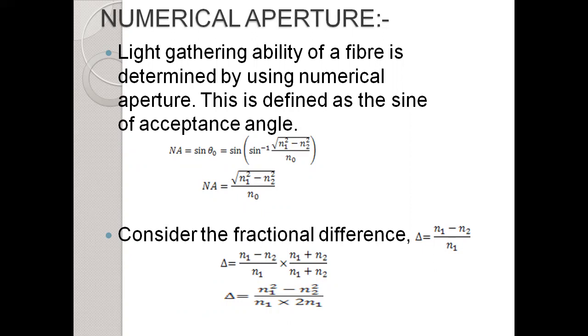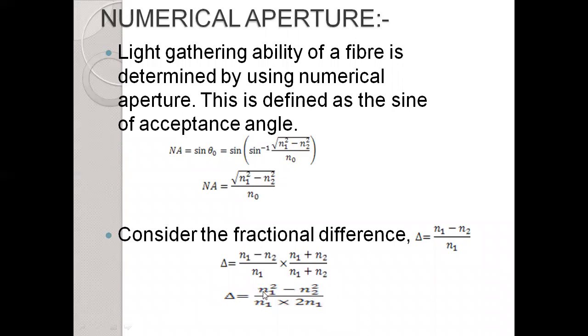Now, if you want to convert the same numerical aperture in terms of fractional difference, let us take delta, which is the fractional difference between the refractive index of core material and cladding material, that is n1 minus n2 by n1. Just multiplying and dividing this term with n1 plus n2, that will give you n1 square minus n2 square by n1 into 2n1.